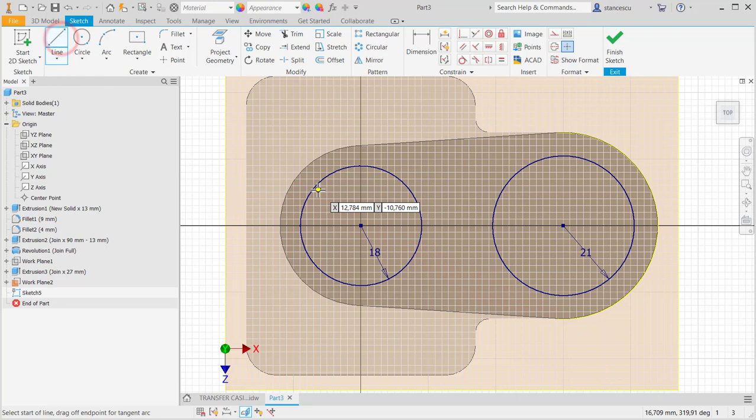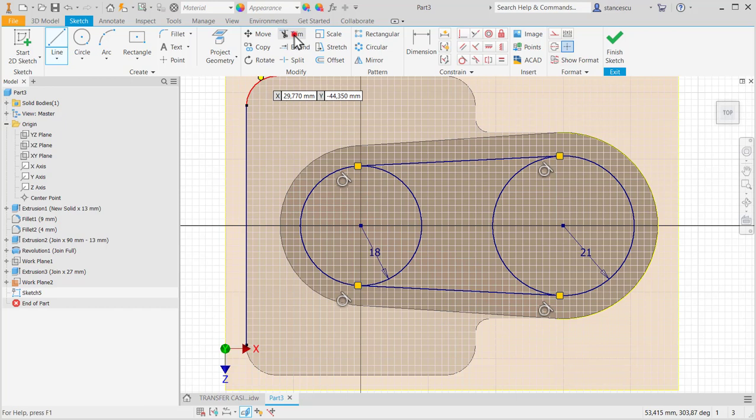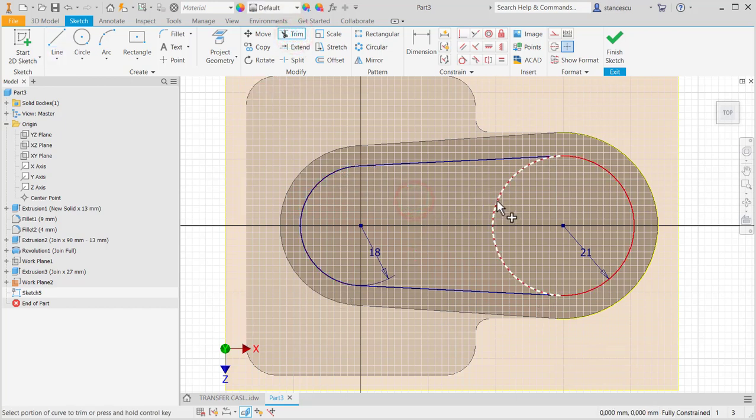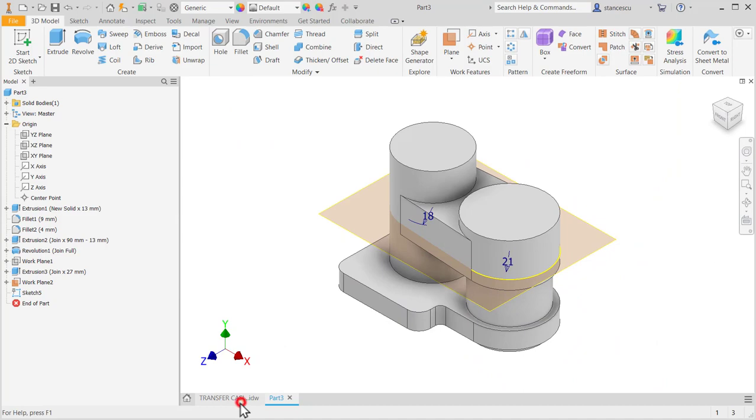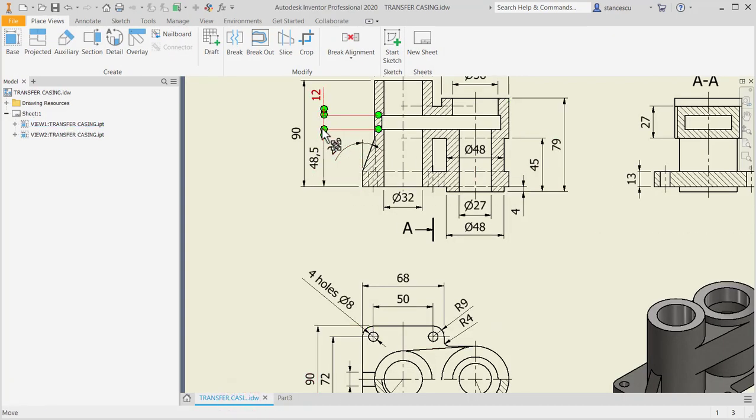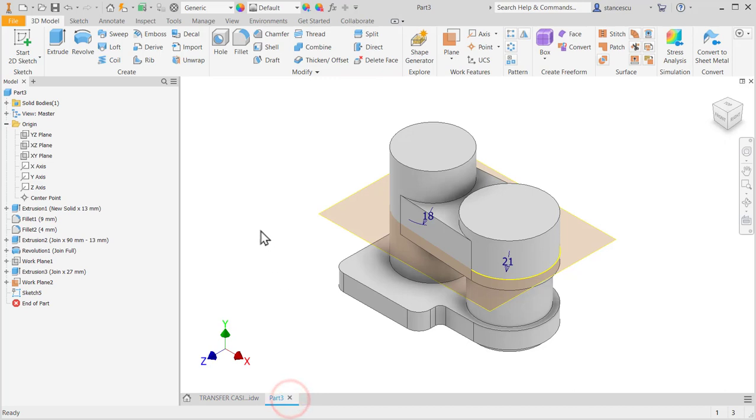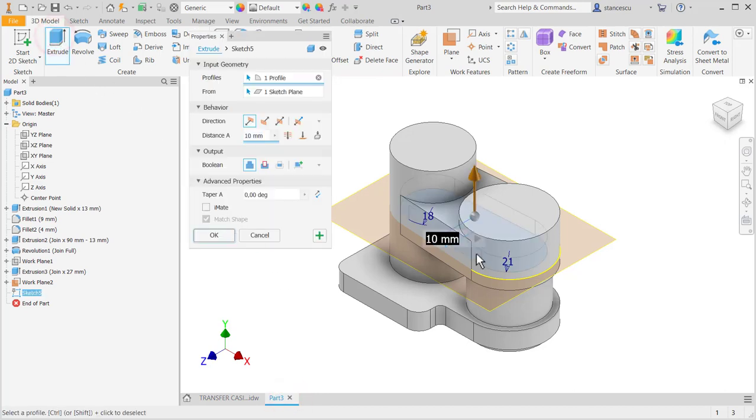And now again, tangents. You know the technique is very simple and very effective. We can trim without any problems here. The dimensions are not lost. Finish sketch. And now, what is the distance? 12. Extrude, cut, up, 12. OK.